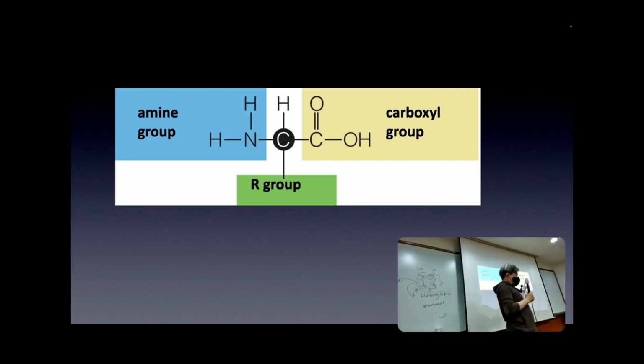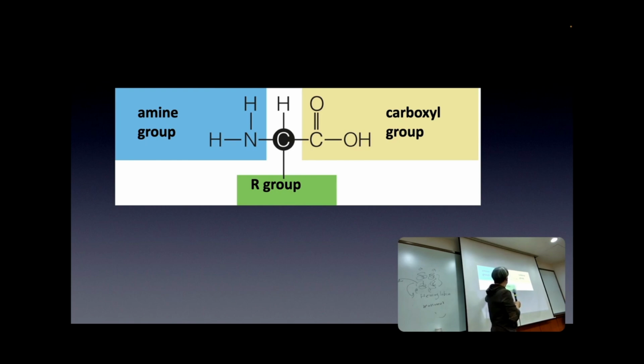But this is one of the fundamental steps everybody has to take when they are about to learn about protein, because this is the basic structure of a general amino acid.